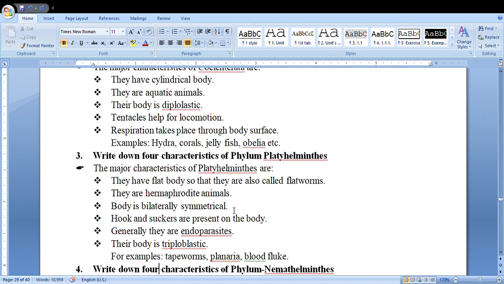Body is bilaterally symmetrical, meaning their body can be cut through the axis and divided into 2 equal lateral parts or halves. Hooks or suckers are present in their body. Generally they are endoparasites, it means found inside the body of host. They are triploblastic. Body has 3 germ layers during embryo stage. Example: tapeworm, planaria, blood fluke, etc.